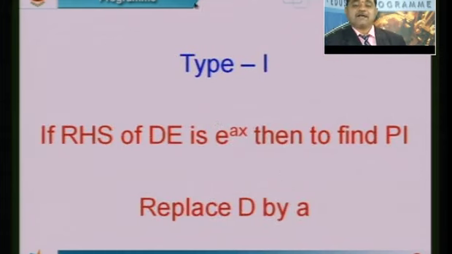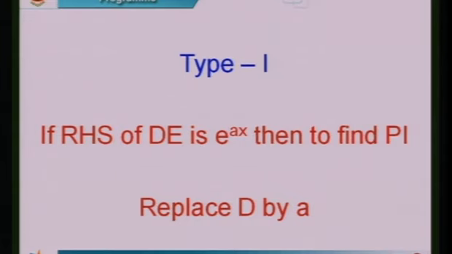Now, type 1, see, remembering is very simple and easy. Maybe in the first semester you might have found difficulty in identifying the type, whether it is an exact equation, linear equation, Bernoulli's equation, reducible to exact, but those confusions will not be there in the second sem. Very clear. See the right hand side.